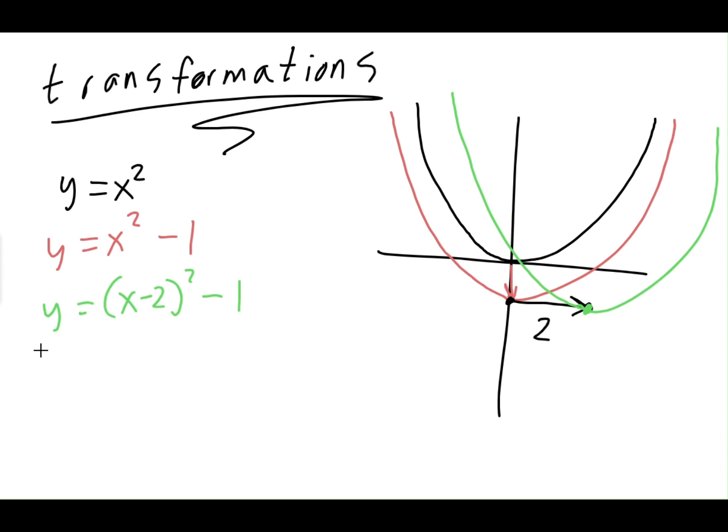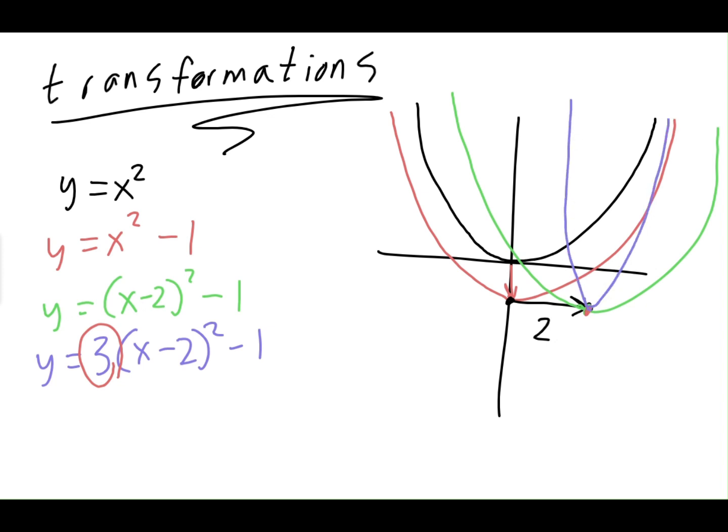There's one last thing that we can transform with: what if I had an a value? So I have 3 times x minus 2 squared minus 1. In this case, it looks exactly like the green graph, but this 3 is going to change it vertically. It's going to make the whole thing steeper. It's not going to change where the vertex is, but it's going to be a little steeper.